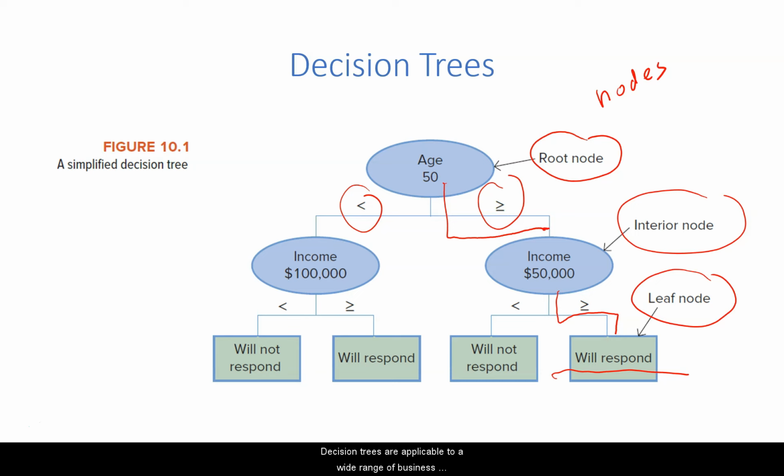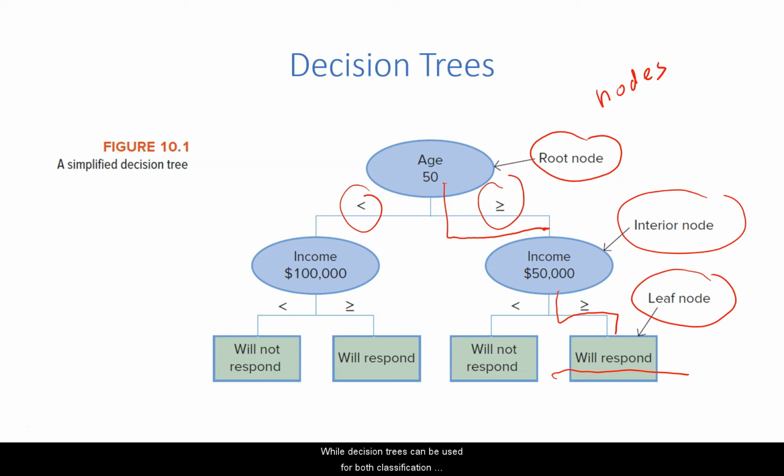Decision trees are applicable to a wide range of business applications. For example, determining whether a customer should be given a loan, determining whether a prospect will respond to an offer, or flagging a credit card transaction as a fraudulent charge.